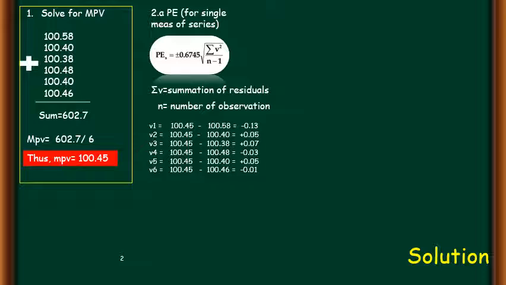This is your MPV. Ito ang ating MPV. Minus, ito yung individual na measurement, 100.58. Ito yung 100.40, and so on. Diba? So, you subtract. That is just equal to negative 0.13, positive 0.45. So you take the sign, and algebraically sum, take the sum of these numbers.